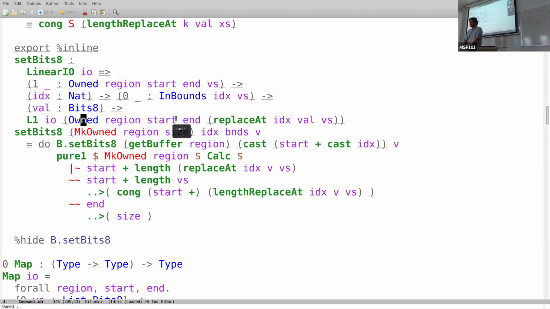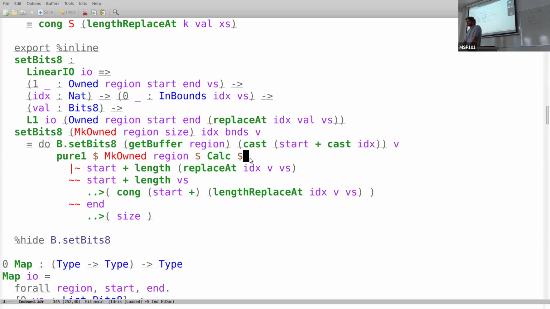What you get back is the ownership of the buffer, but now we need to update the index because the content has been updated by setting exactly this value. So we do have some proofs here, but they're all about this invariant, and the length of the index is exactly the difference between start and end. All of this will get erased at runtime, and this will be equivalent to just setting the value and then returning the buffer.